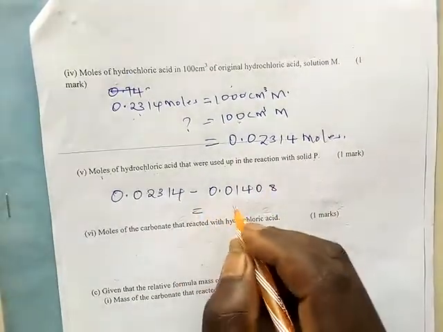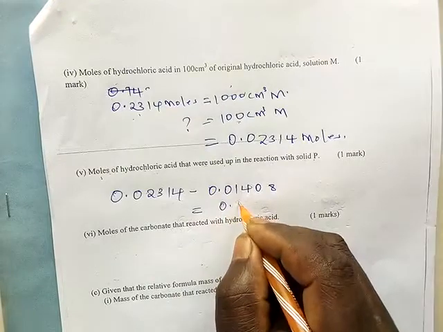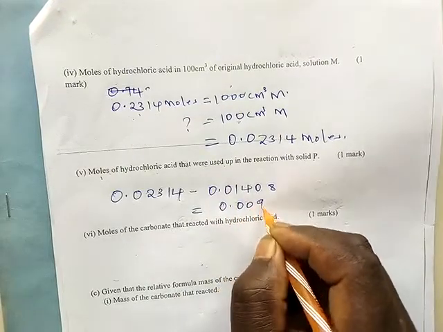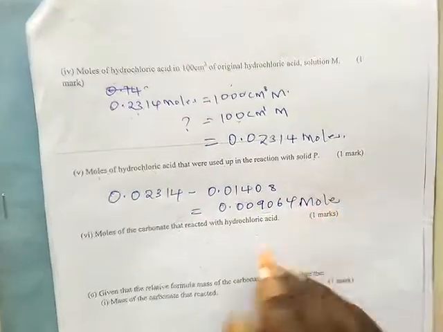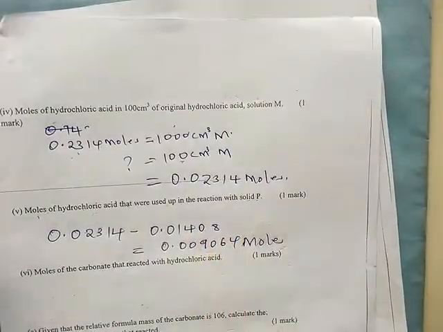This one will give you 0.009064. This is the number of moles of HCl that reacted with P.